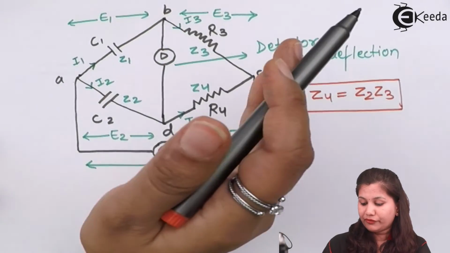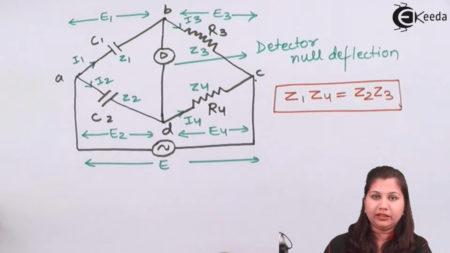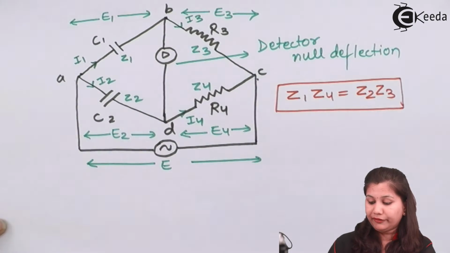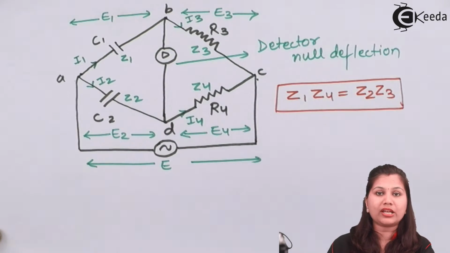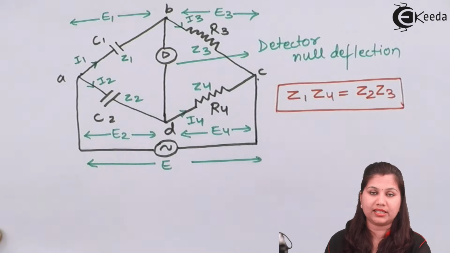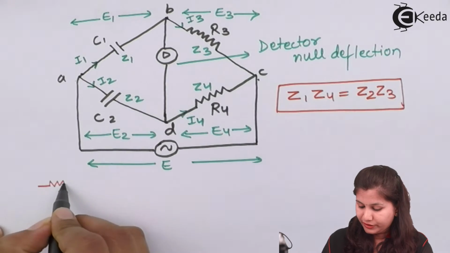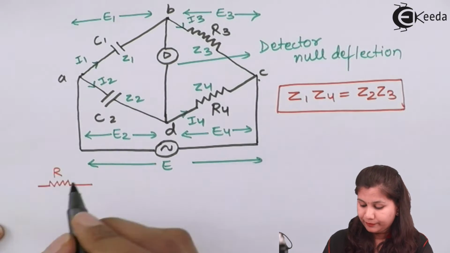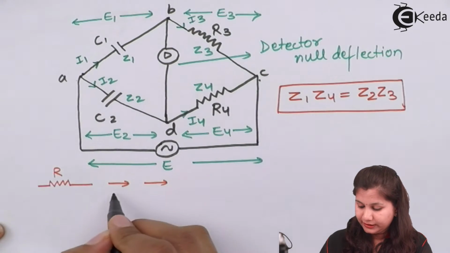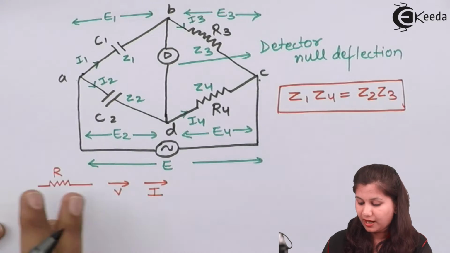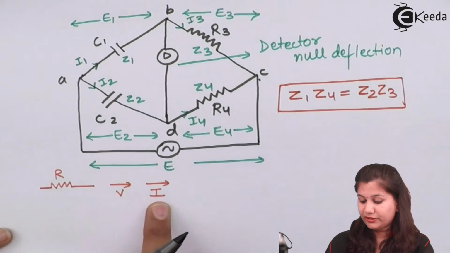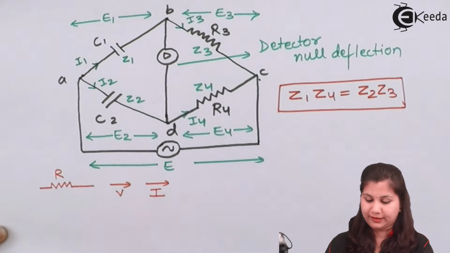Now before coming to the phasor diagram, one concept should be clear to you: if we talk about the voltage and the current across a resistance, they are in the same phase with each other. So for a resistance R, the voltage and the current are in the same phase.